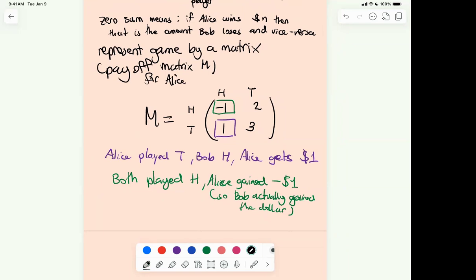So you only need to have one of the two. That's basically it. Is that making sense? Sometimes it's explained the opposite way, so you do have to decide how you want to set it up. I'm setting it up so that these numbers tell me how much Alice is getting paid after each round.